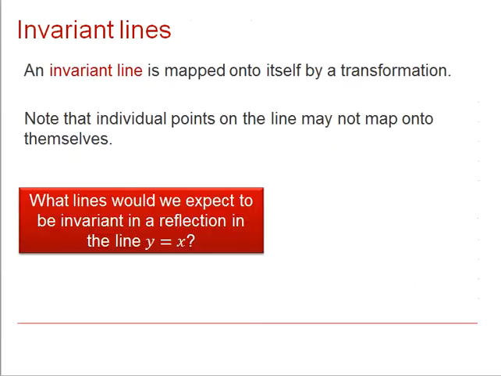So therefore we can see that although an invariant line is mapped onto itself by a transformation, some individual points on a particular line may not map onto themselves.